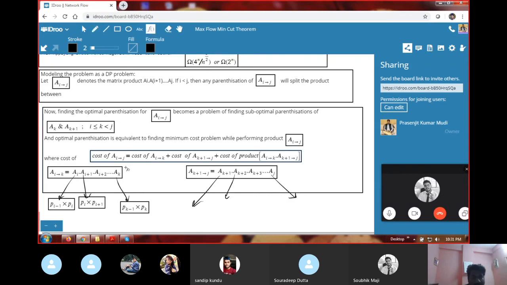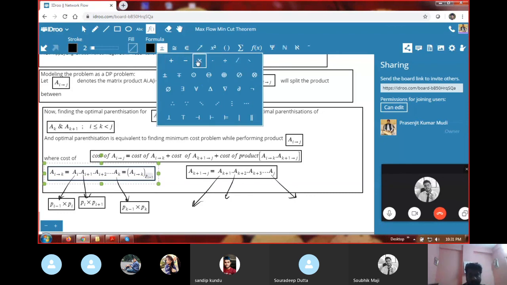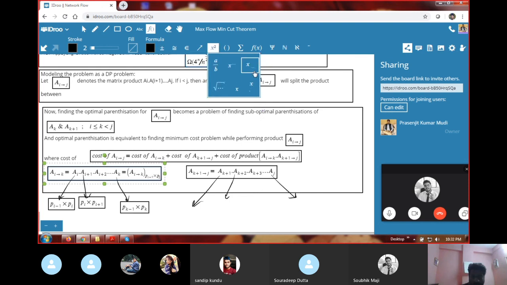So here we want to extend further. The dimension of A_i..k is p_i-1 cross p_k.